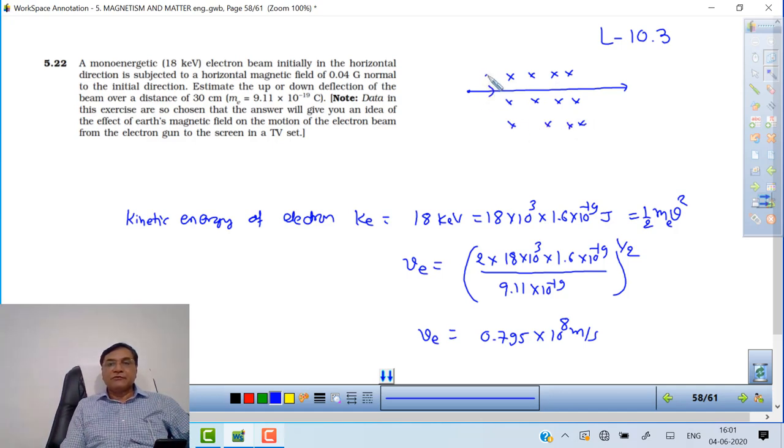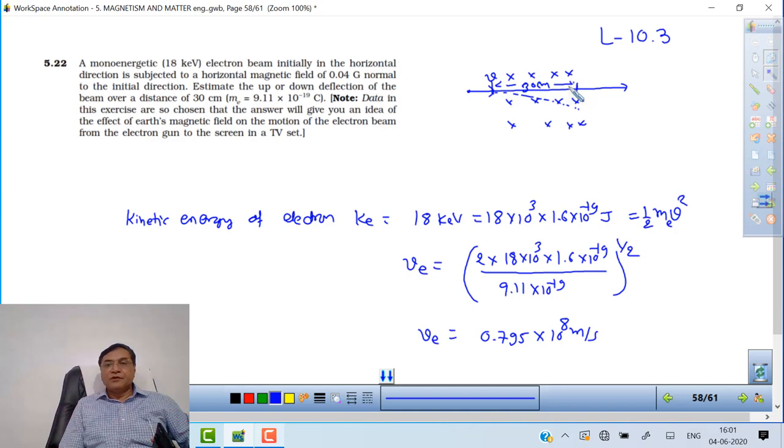This is the direction of velocity, the magnetic field is inside, so by the right hand thumb rule, the force is upward, but the electron has negative charge, so it goes downward. So the electrons do not go straight, but go down. By 30 centimeter, how much is it going down, that we want to find out.